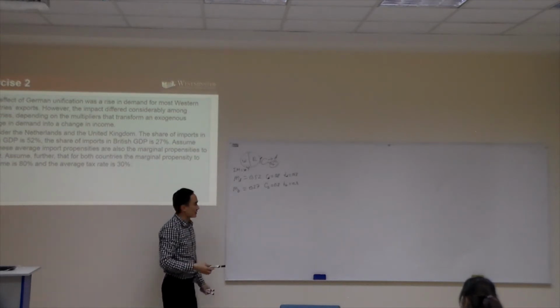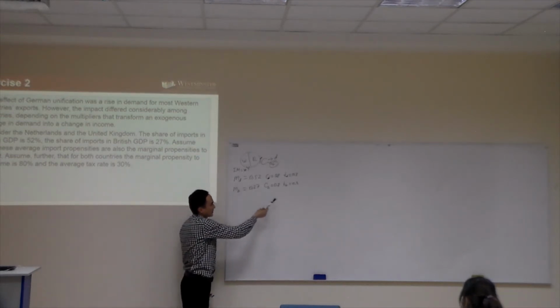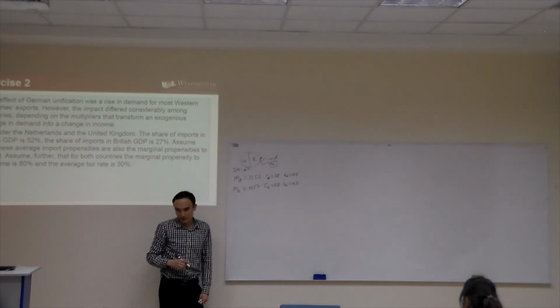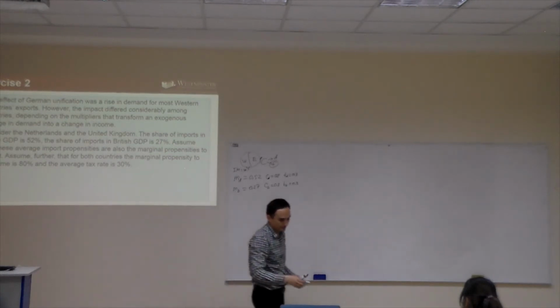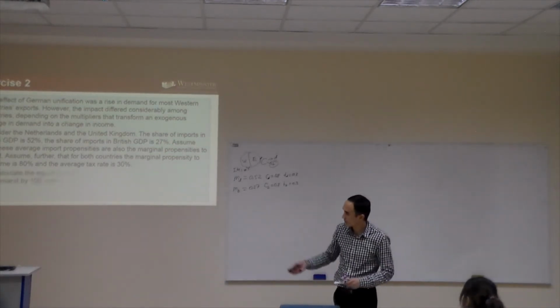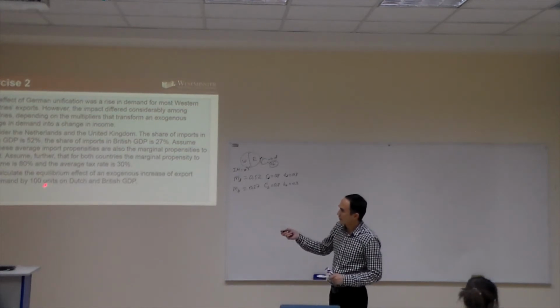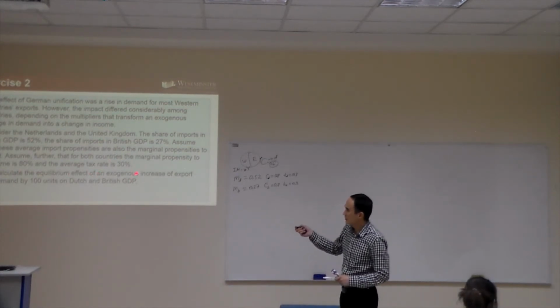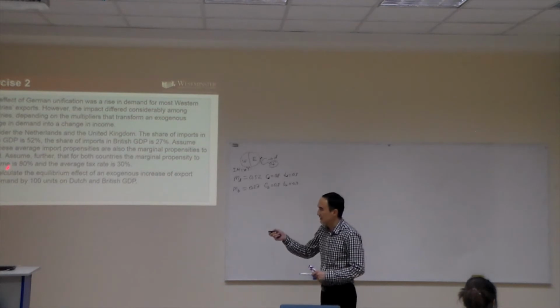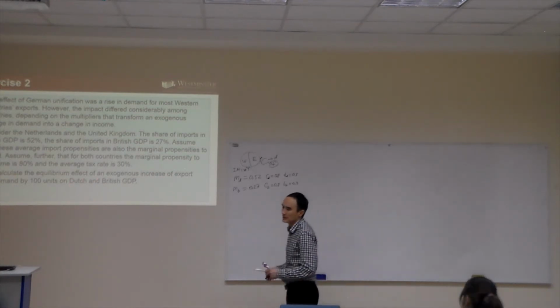So now we are considering these factors. There is tax and import involved, right? Calculate the equilibrium effect of an exogenous increase of export demand by 100 units on Dutch and British GDPs.